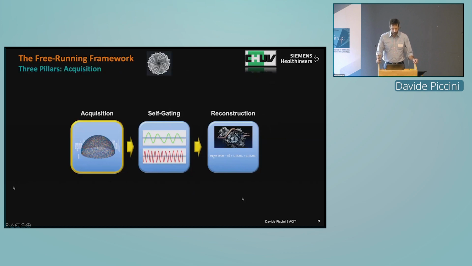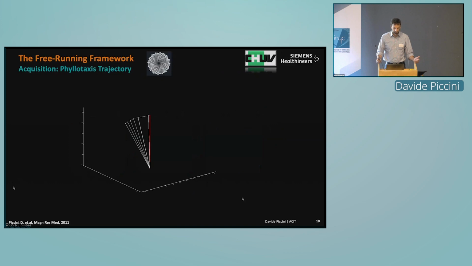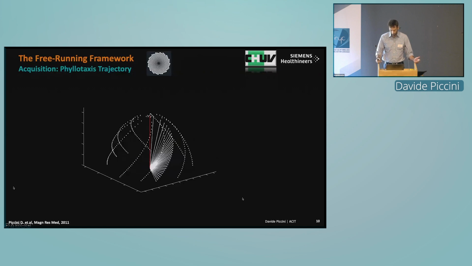So as for acquisition, in theory, this framework is quite flexible as long as your trajectory is uniform through time. But what we usually use is a 3D radial acquisition with this phyllotaxis pattern, which basically means that you acquire a spiral of radial readouts for every shot, let's call it.